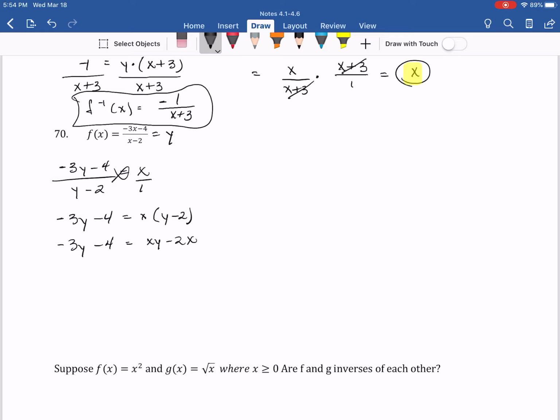We want all of the terms that contain a y to be on the same side. We want all of the terms that do not have a y on the other side.